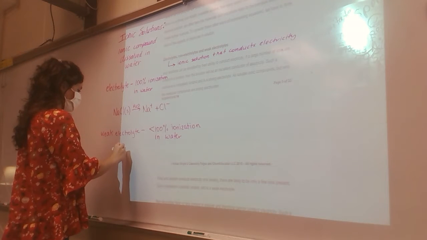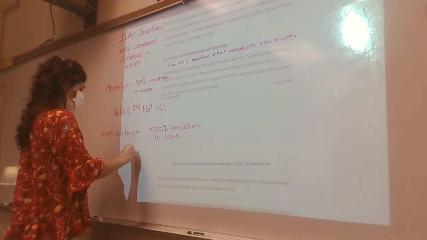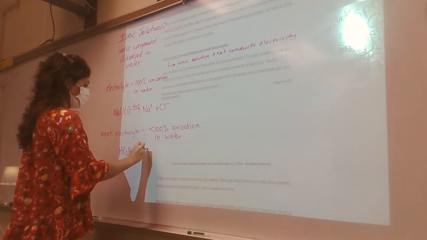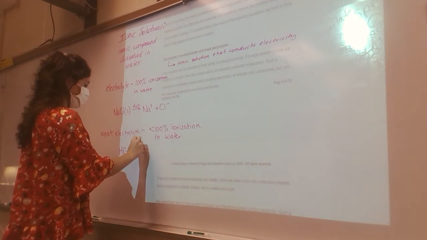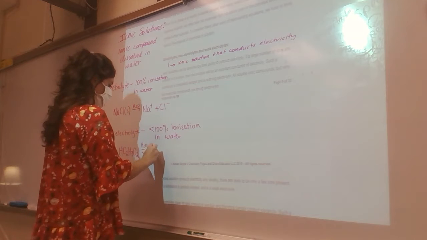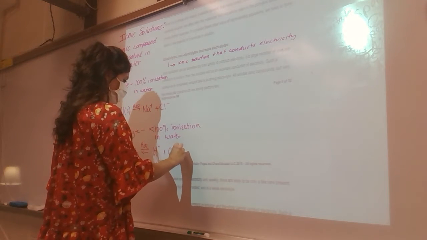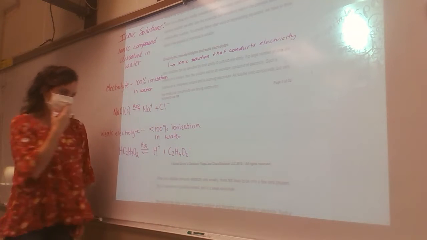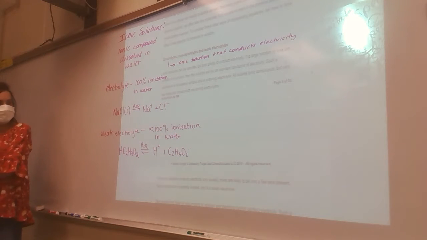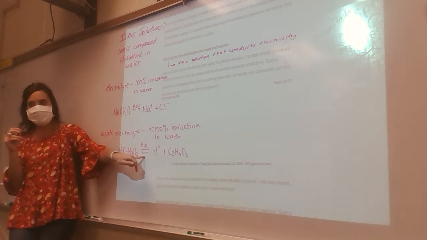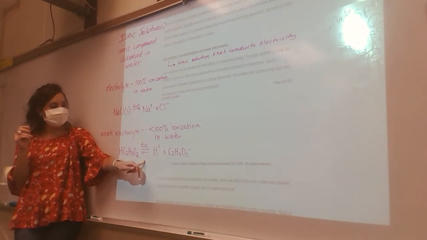An example of this is acetic acid. And pay attention to this double arrow. Make sure you write it down. We're going to talk about what that means in a second.